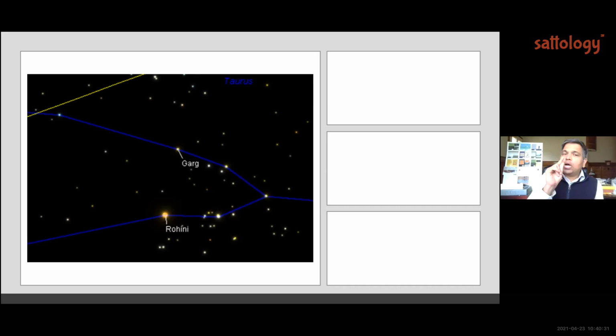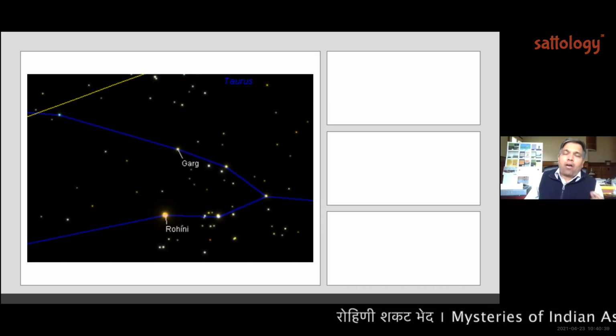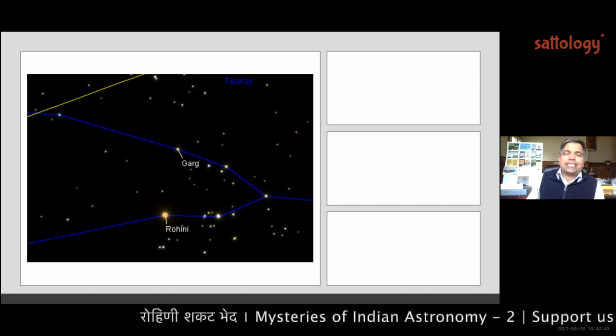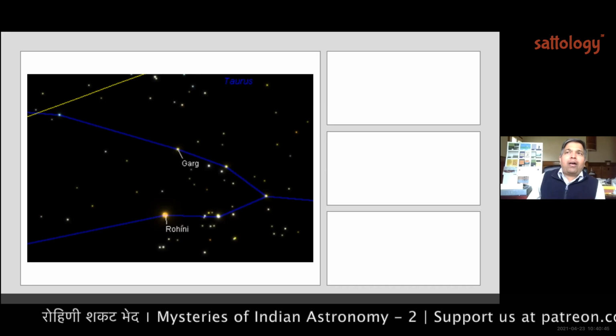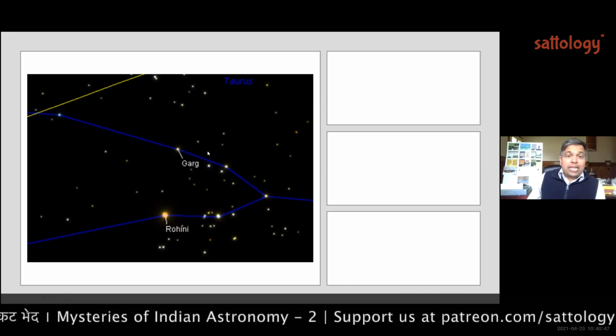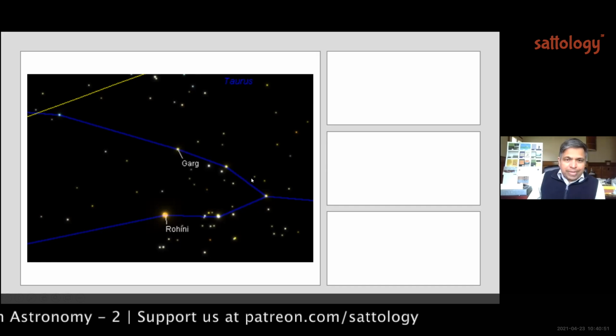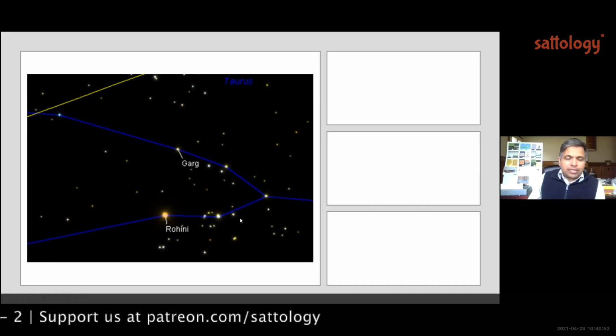There are 2 other visible planets that are left. What are they? Mars and Saturn. Not that often, but very rarely, at least Indian astronomy texts say there are such situations when Mars or Saturn would actually come inside this Shakata, inside this cart of Rohini.